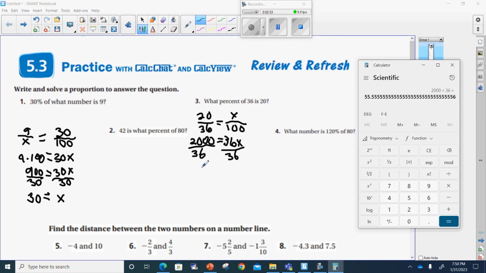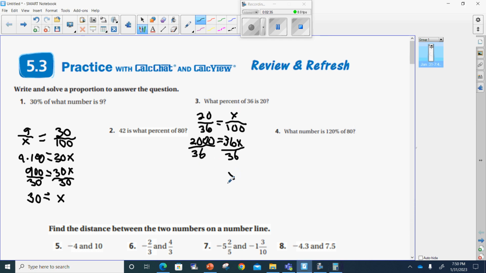So my percent up here is going to be equal to 55.5 repeating. All right. And let's not forget to put the percent sign here.